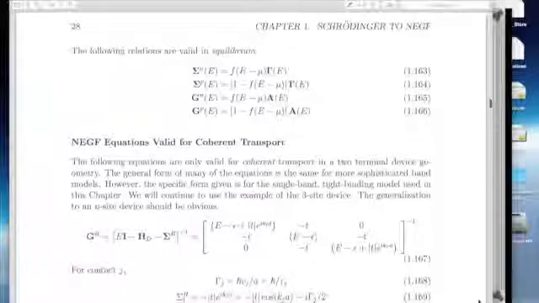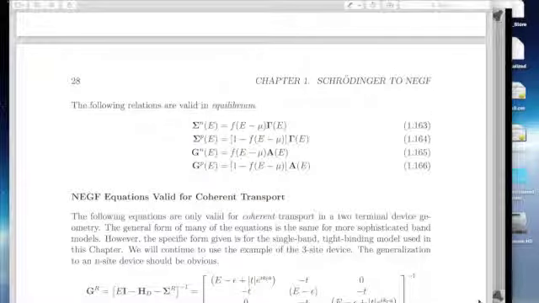These equations up top are specific to equilibrium, but in equilibrium they are always true irrespective of whether you have incoherent scattering processes or not, ballistic, non-ballistic, diffusive. These four equations are always valid in equilibrium. And if you think of A as like the density of states, it's just saying that to get the electron density, you weight the density of states by the Fermi factor, which seems pretty straightforward.